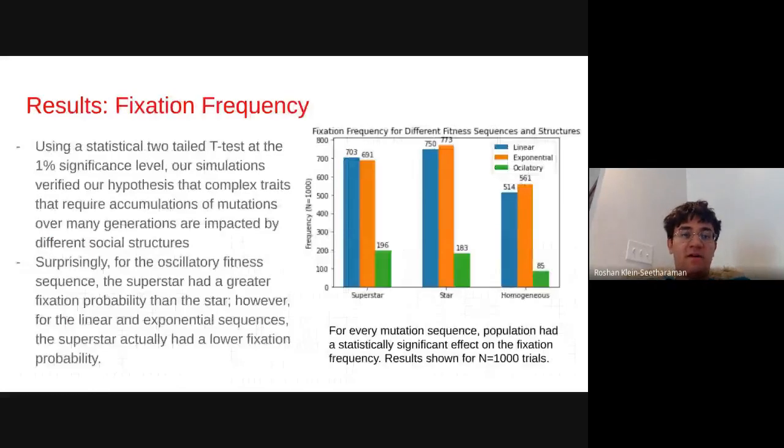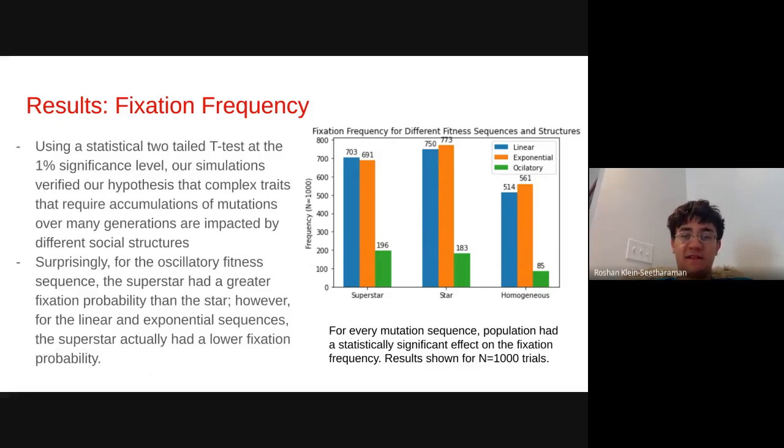Here are our main results from doing that simulation. Firstly, our overarching hypothesis that we mentioned at the beginning of the presentation was supported by this, because in each case, the superstar and the star were tested to be significantly different from the homogeneous structure.